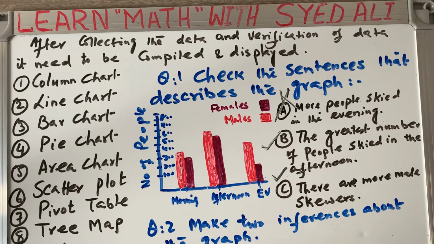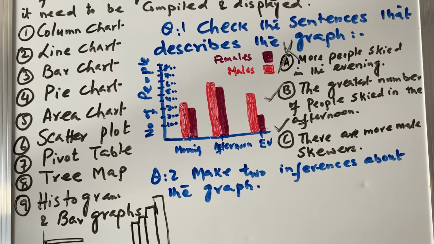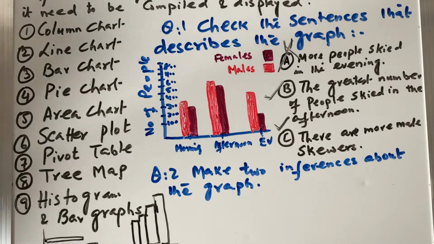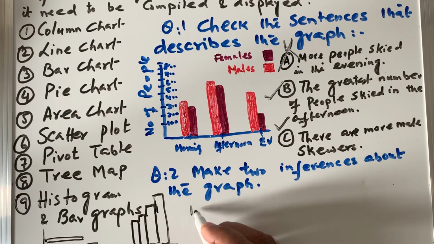And then the question says to make two inferences regarding this graph. So we have to look into it and we can make some more statements which should be correct, right? So how can we make a statement about reading this graph?